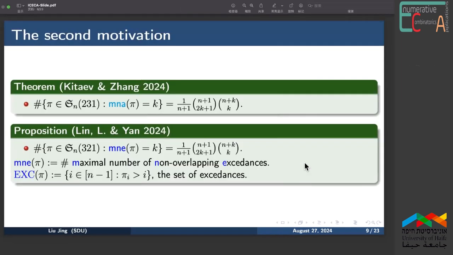After that, we asked ourselves what more can be done. Our attention turned to these refined Catalan numbers. We find that the number of 3-1-2 avoiding permutations for which MNE equals k is counted by these refined Catalan numbers. MNE is the maximum number of non-overlapping exceedances.